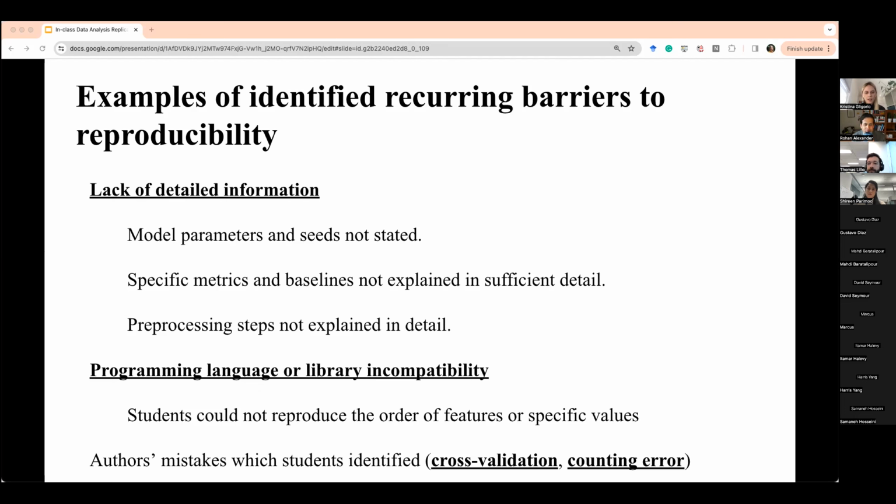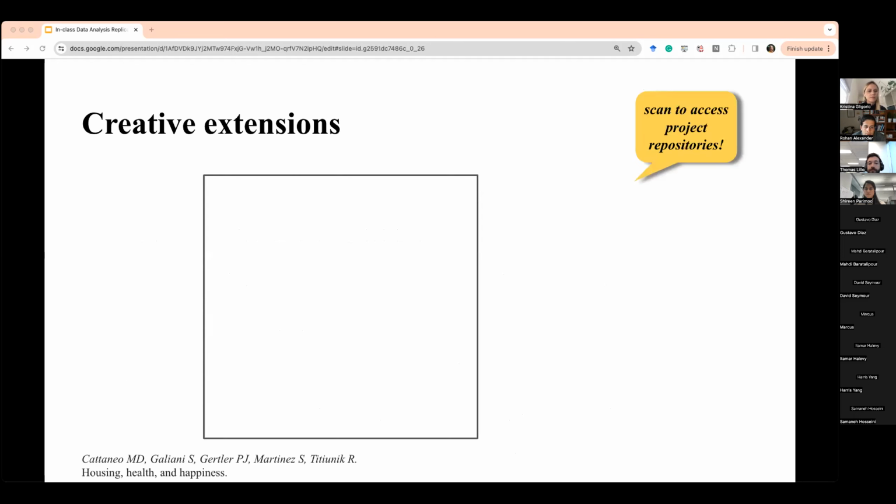And the second paper has a counting error when counting nodes in a graph. For both of those mistakes, the students identified them, which we thought was really cool. So there were these issues, these barriers, but students could identify them.